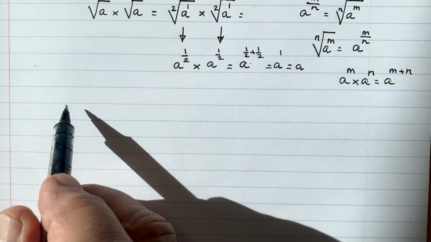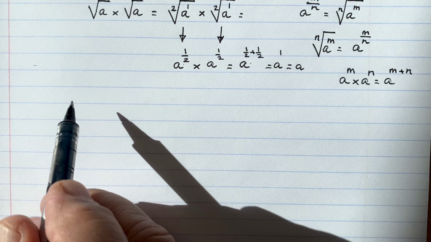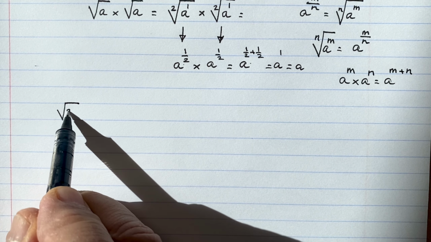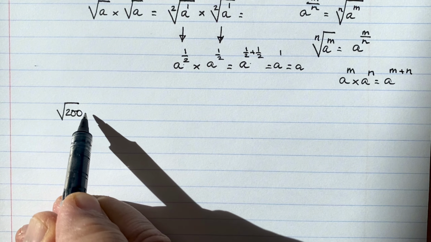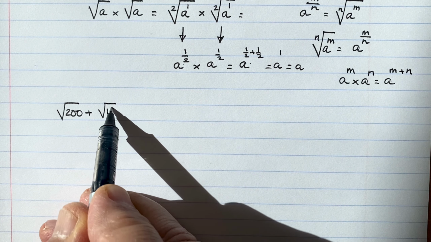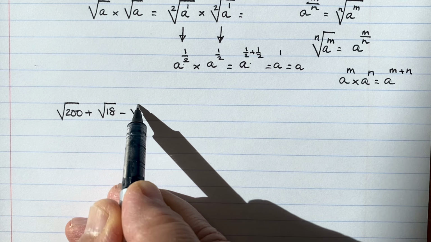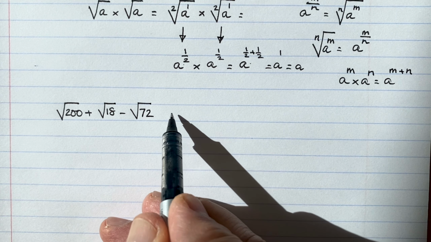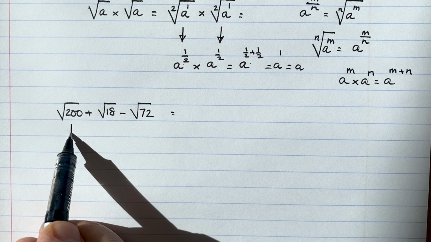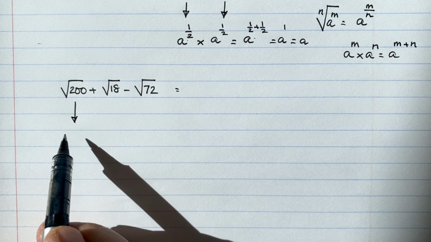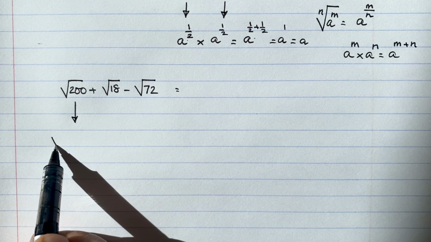More on simplifying surds. This time a combination of surds. We have root of 200 plus root of 18 minus root of 72. So there are 3 surds to be simplified. This one, root of 200, the biggest square number that goes into 200 is 100.